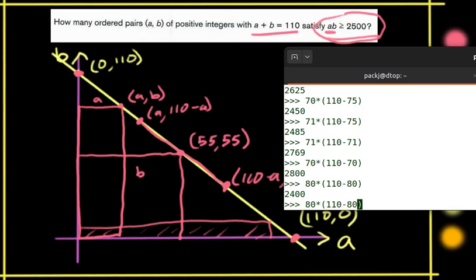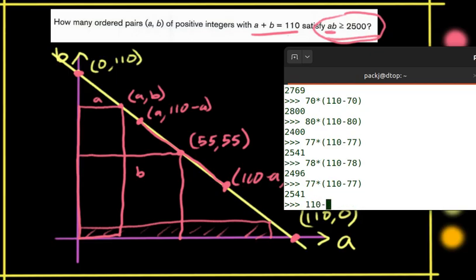Okay, that's below. So let's try 77, and that's still above. So let's go to 78. Okay, that one is below 2500. So 77 is going to be the last one.